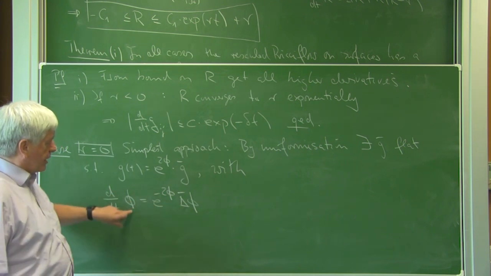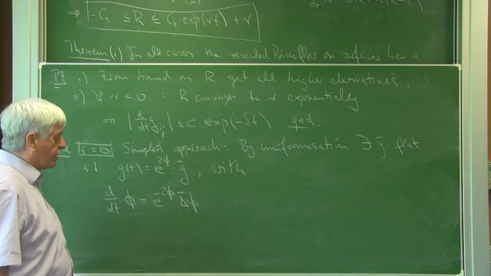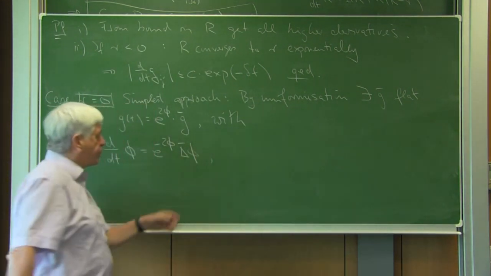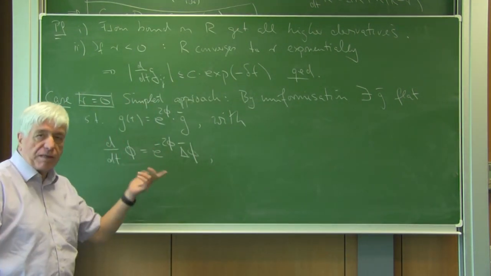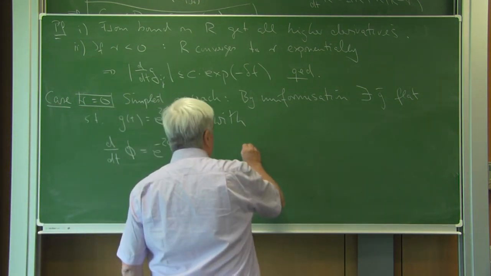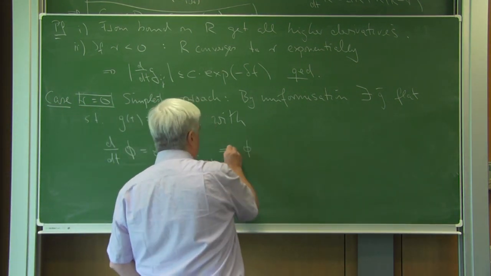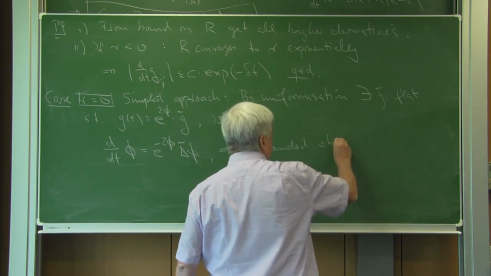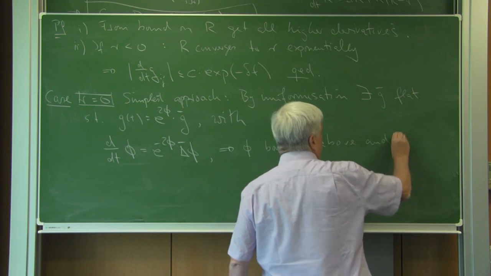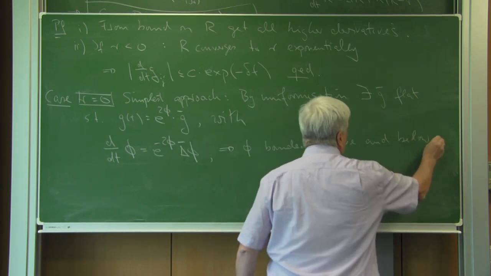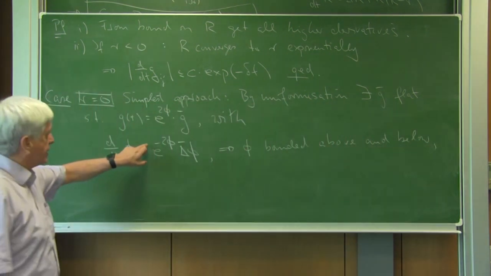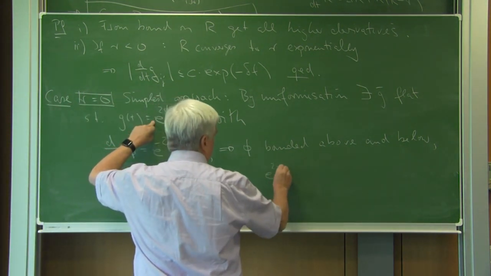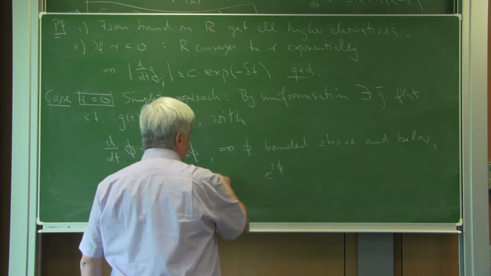So you get a simple evolution equation for phi, which means by the maximum principle that phi remains bounded above and below, which means in turn that the conformal factor e to the 2 phi is bounded between two positive constants.